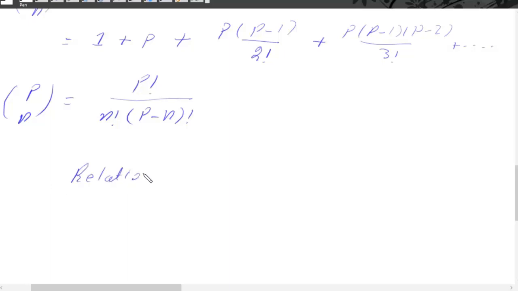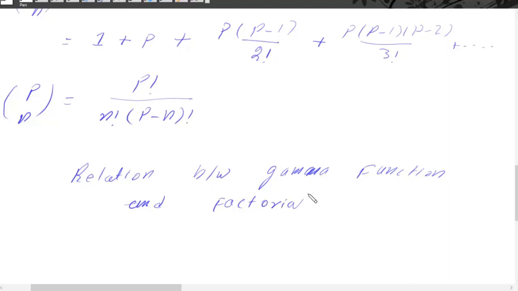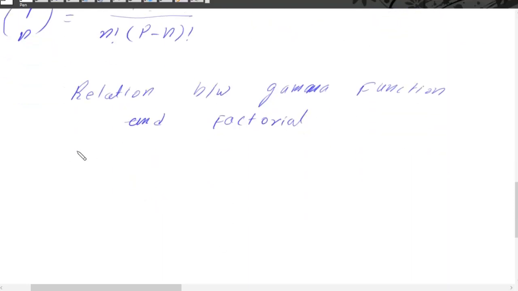Okay, we know the relation like this, which we have already discussed: the gamma of p plus 1 is equal to p factorial. Okay, this relation.